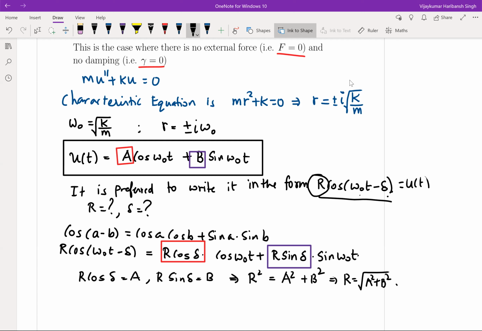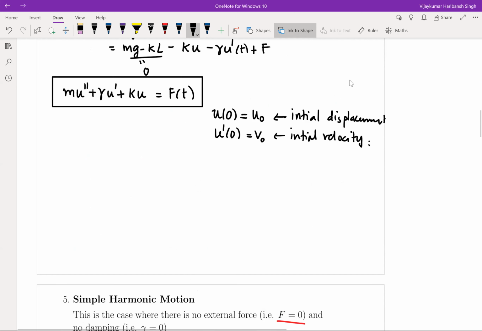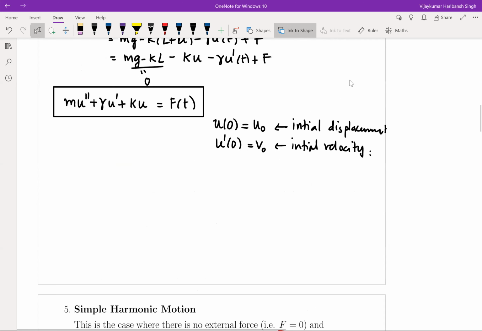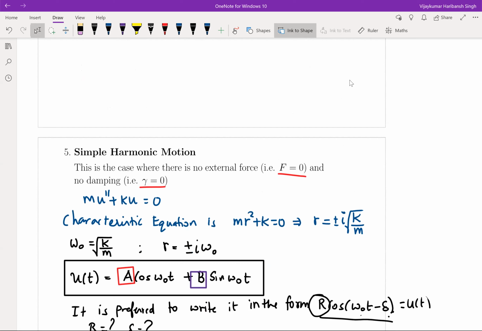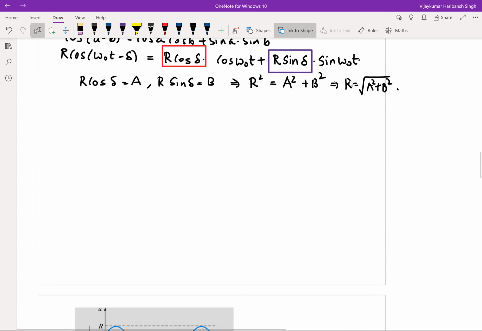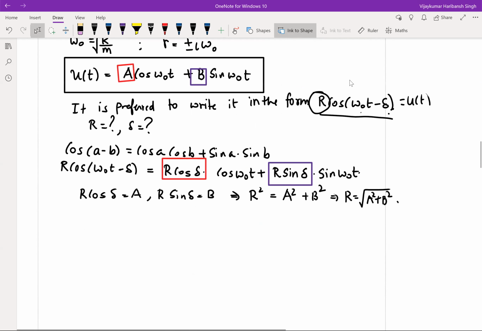Note that this A and B are fixed because it's an initial value problem. So A and B must be fixed by the initial conditions. Now let's work on it a bit more.